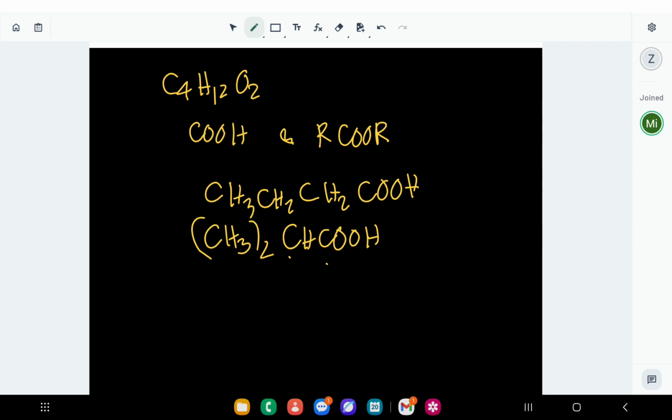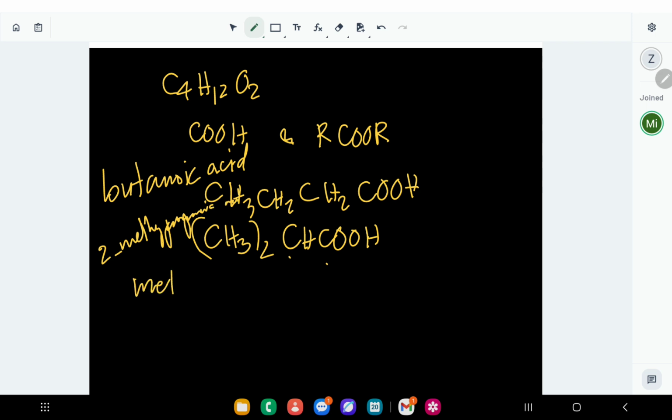So I'm just trying to write down the constitutional isomers of that one, C4H8O2. So possible: butanoic acid. Then the next one is 2-methylpropanoic acid. And then we have methyl propanoate. Then ethyl acetate.